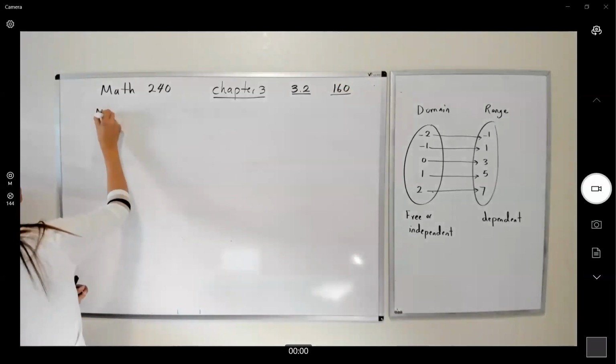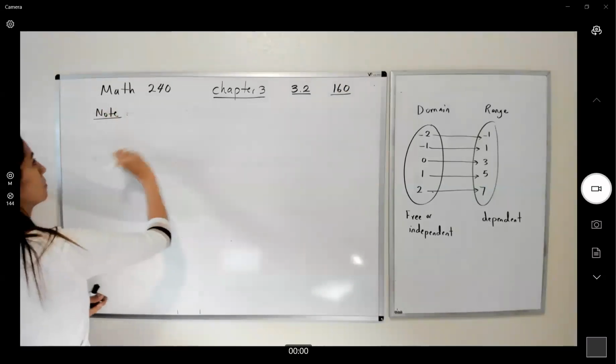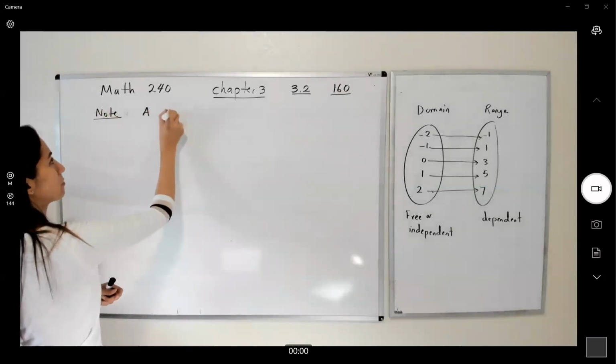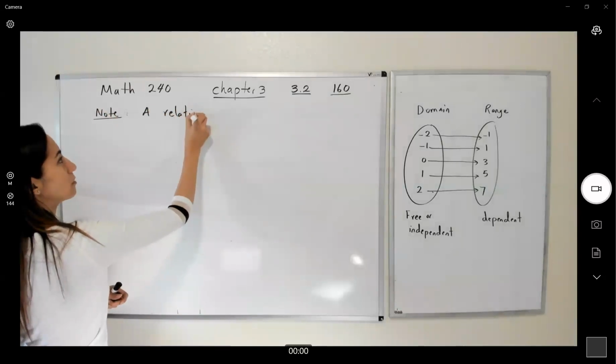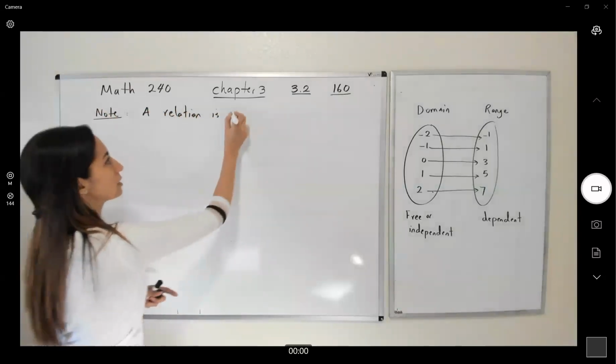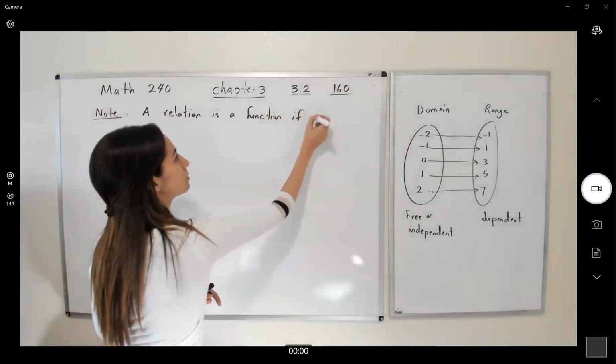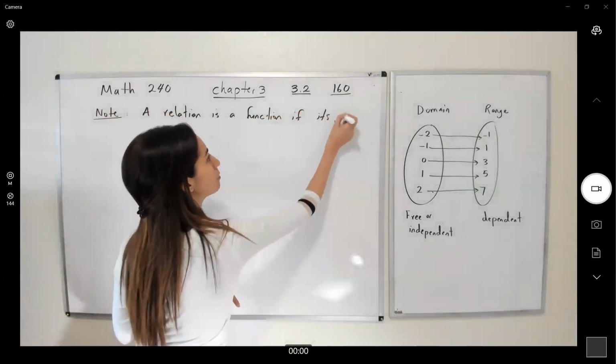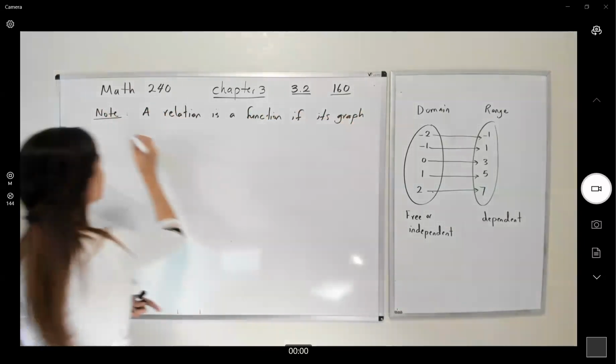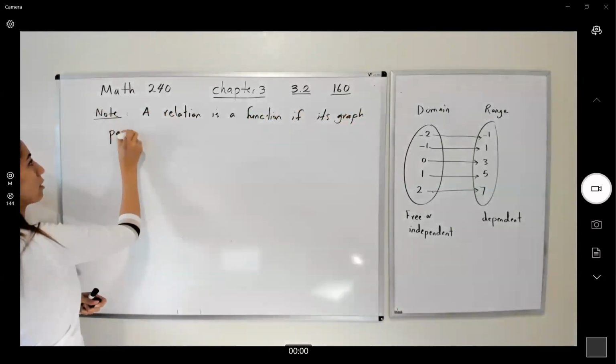Note that a relation is a function if its graph passes the vertical line test.